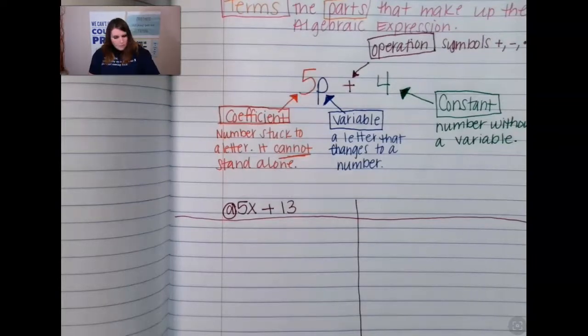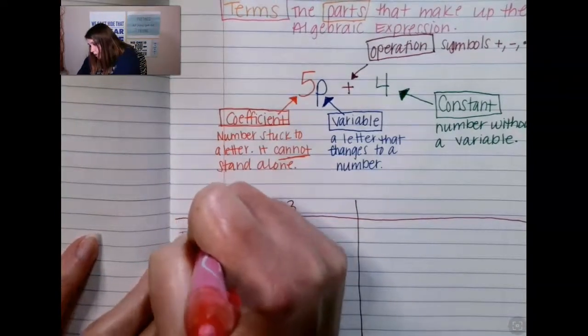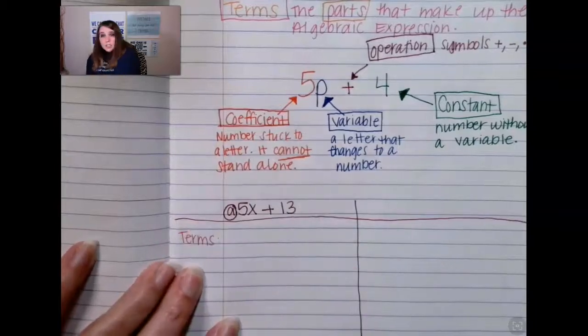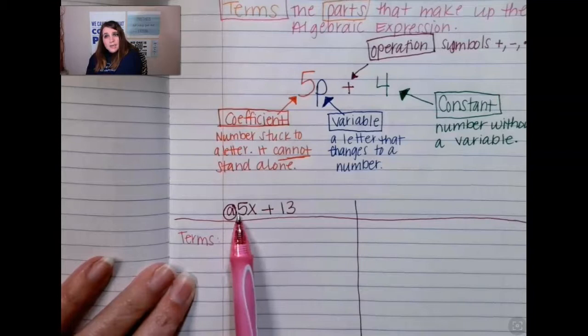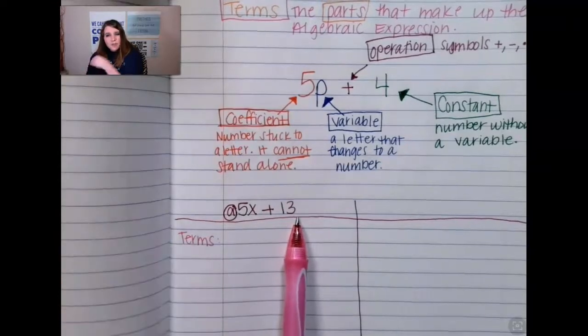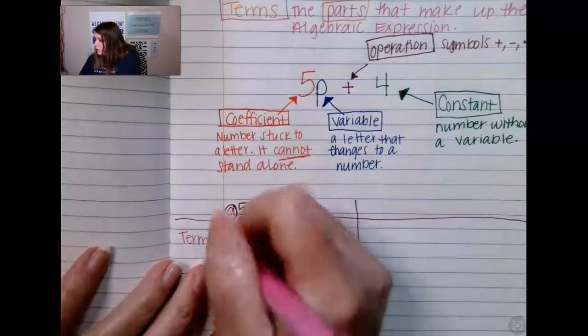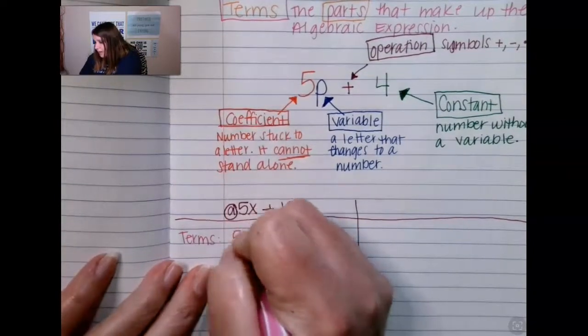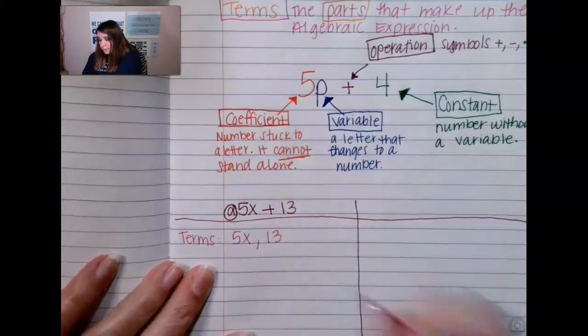Okay, well, I'm going to use this pink color because we didn't use this color yet. So, terms. All right, so let's look at the terms. When I look at this, in order to make this algebra sentence, if I were to bake this, I would need the ingredients of a 5x, and I would also need a 13.